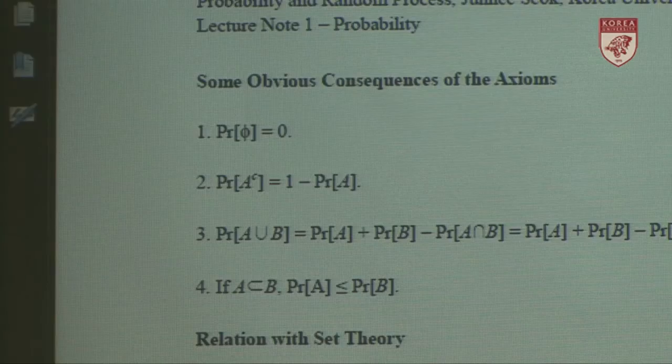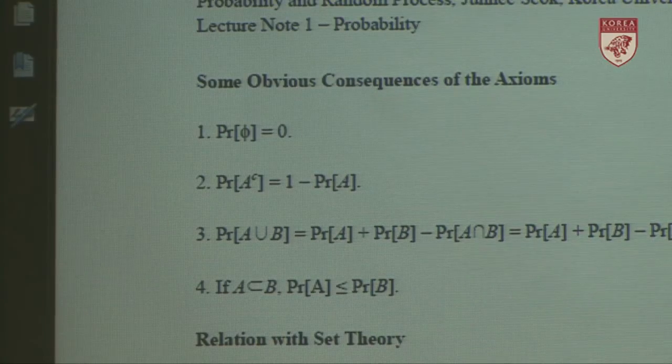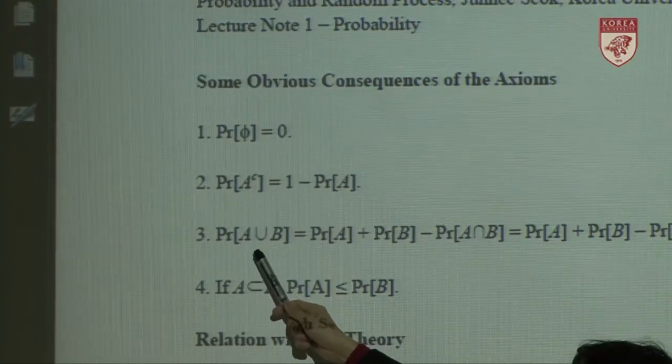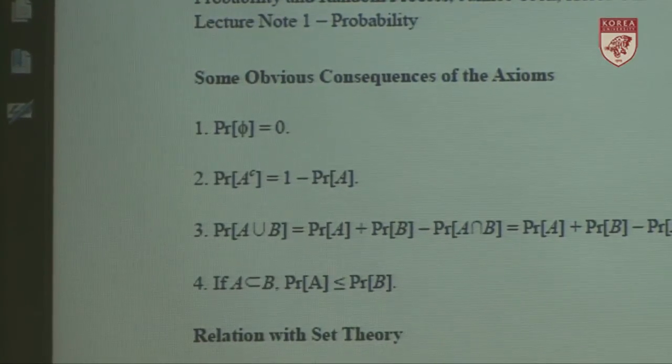Third one. In general, there are two sets, two events, A and B. The probability of A union B. Okay, so here's another English lesson for the mathematics.